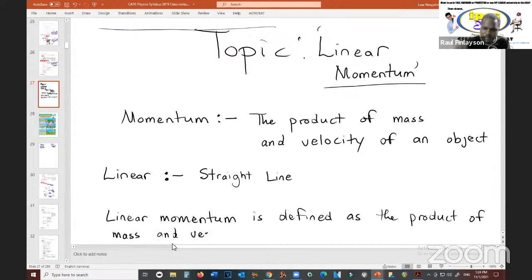It's basically the product of mass and velocity of an object in a straight line.